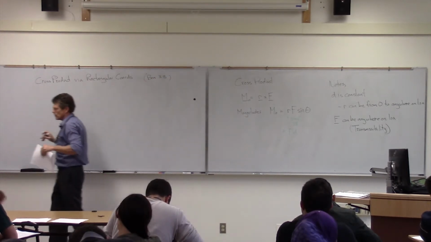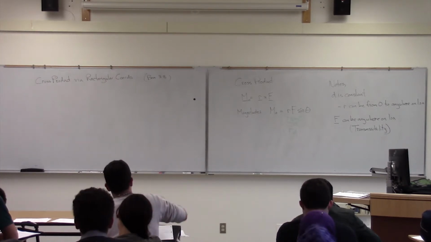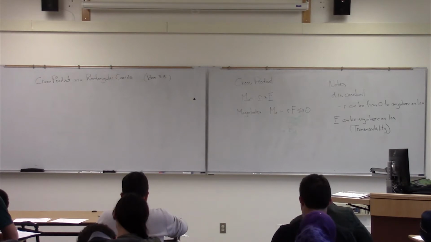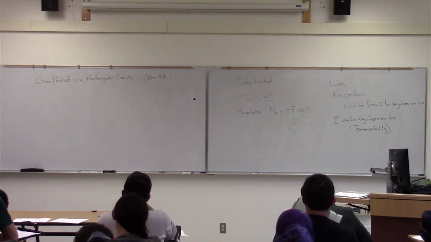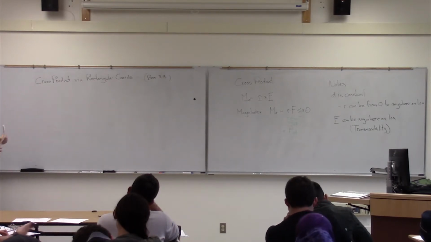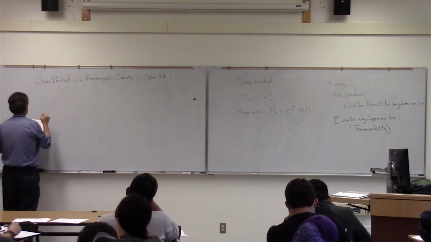So there is an easier approach if we can get it into the x, y, and z components that we just spent all that time doing with the particle equilibrium approach. What we'll find is that the cross product can be expressed with rectangular coordinates in a much easier way. There's a faster way of doing that.